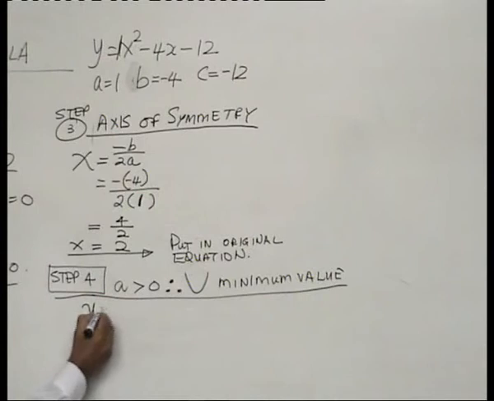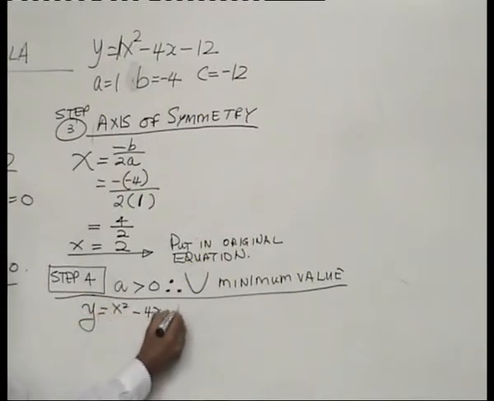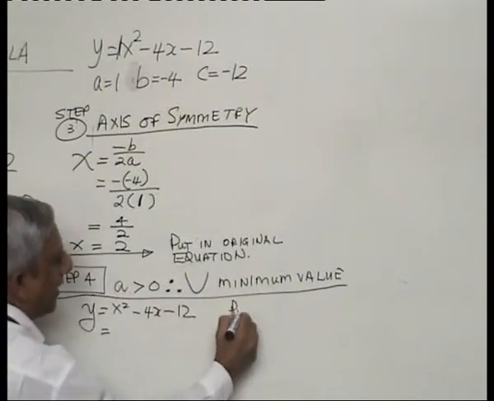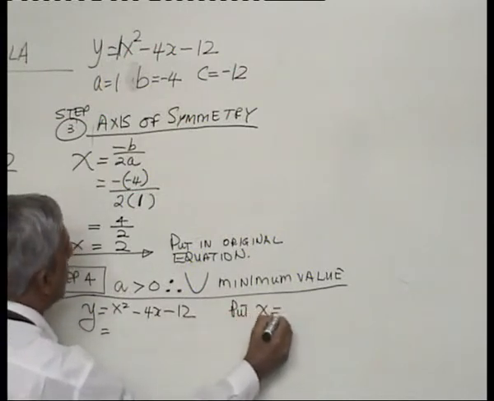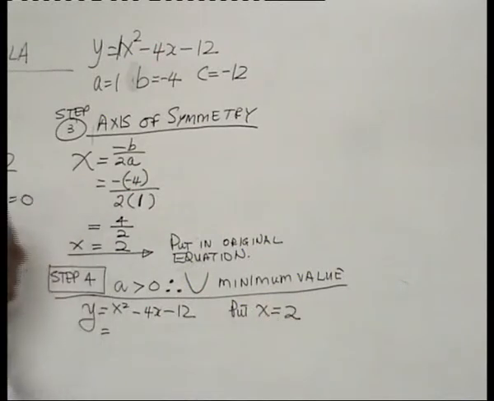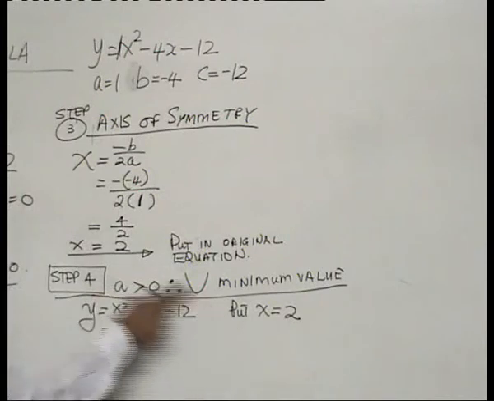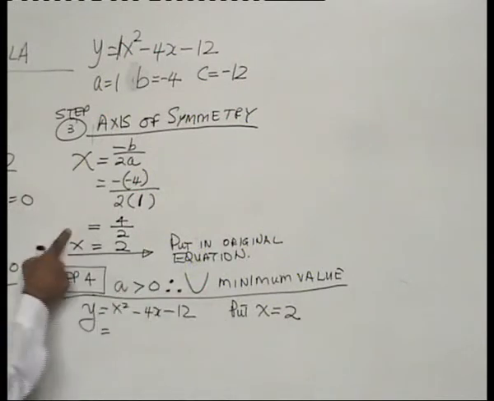Right, so your original equation is y is equal to x squared minus 4x minus 12. And you've got to put x equal to 2. Now that x is equal to 2 is coming from the axis of symmetry.